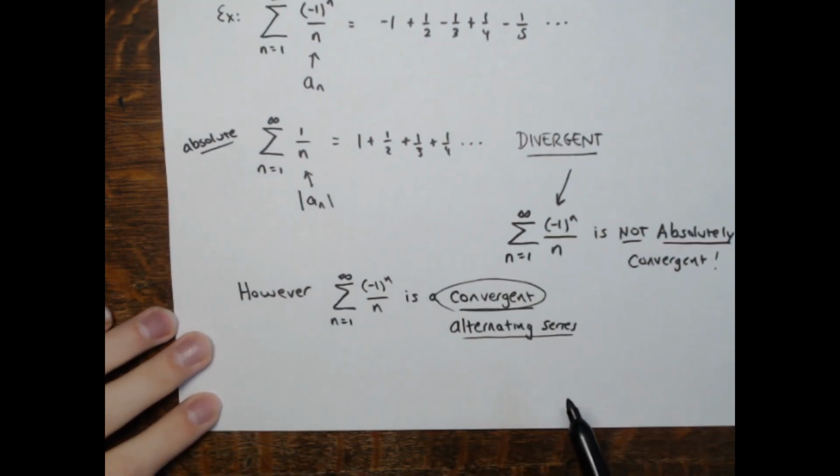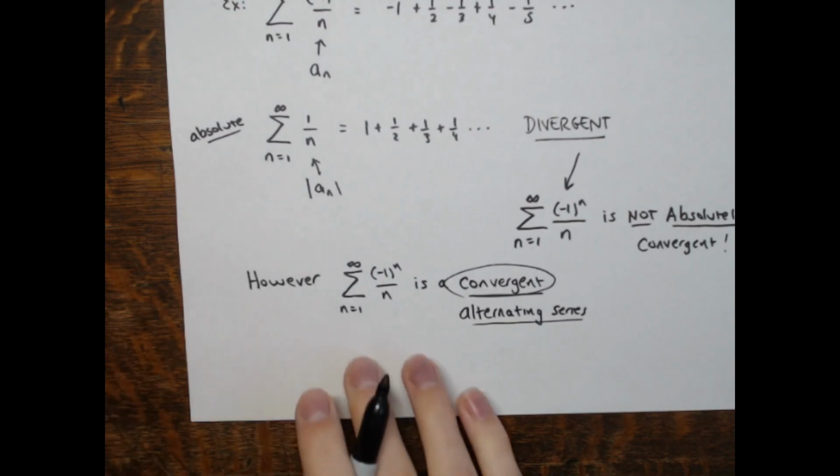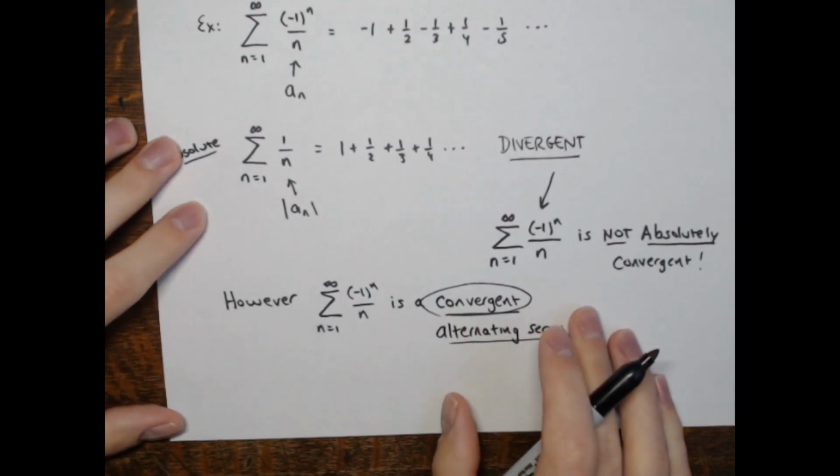So a series like this, another definition, would be called conditionally convergent.